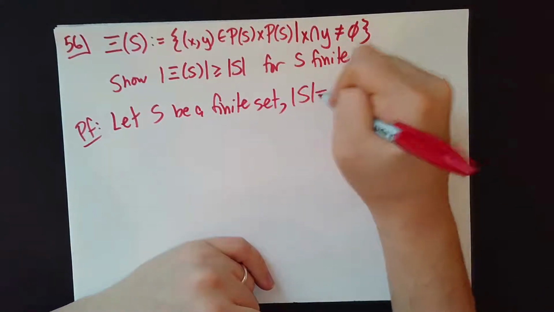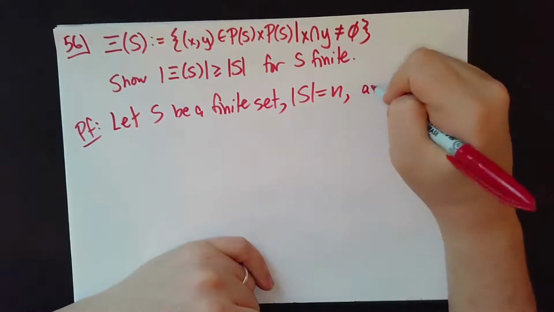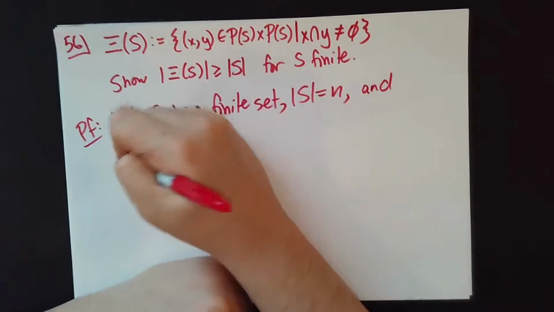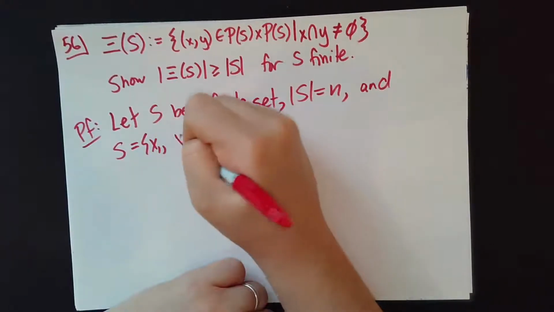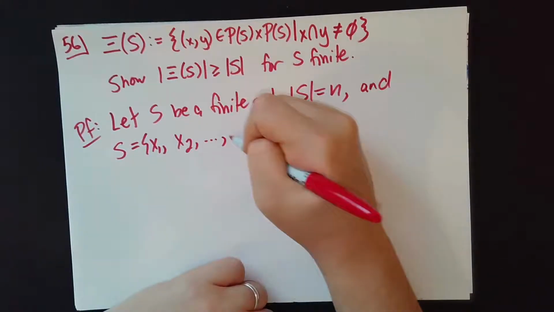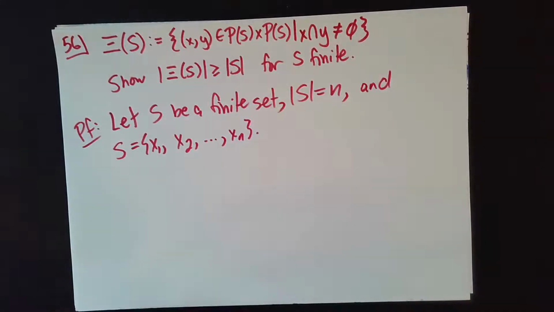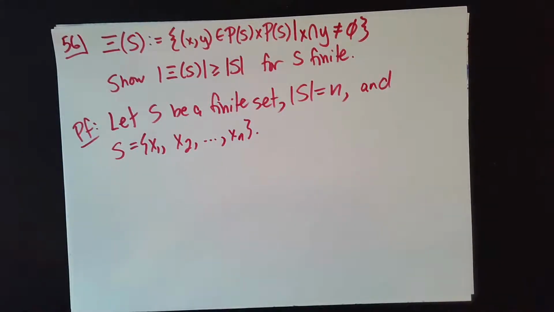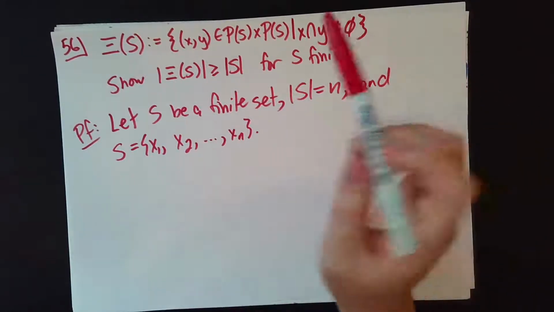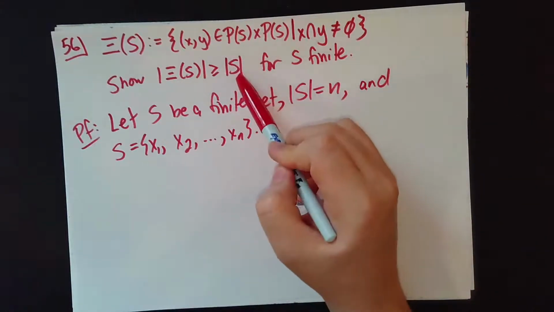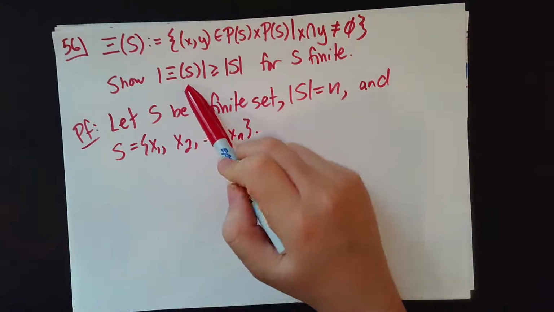Size of S, let's call it N. And then let's just go ahead and name all of the elements of S. And so somehow I have to use these elements to write down n different elements of xi of S. And that will show me that, well, S has n elements. That will show me that xi of S has at least n elements.